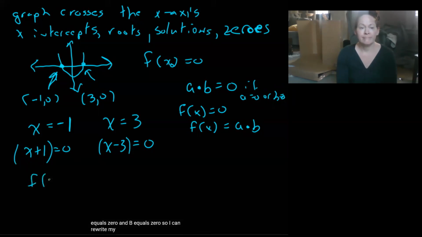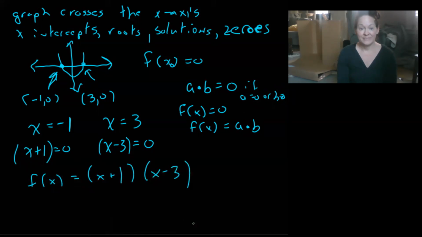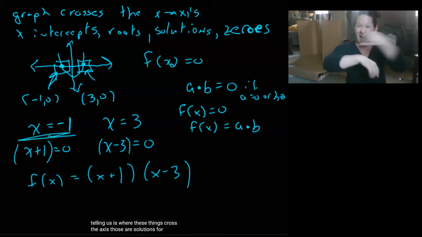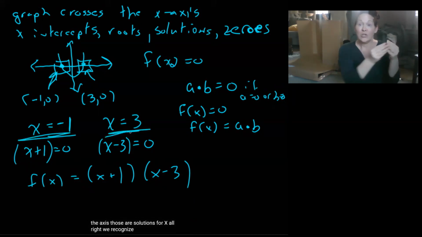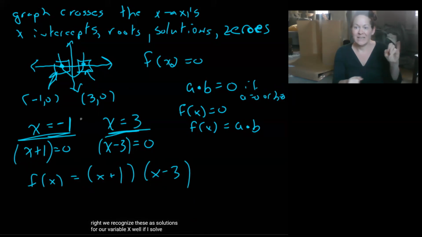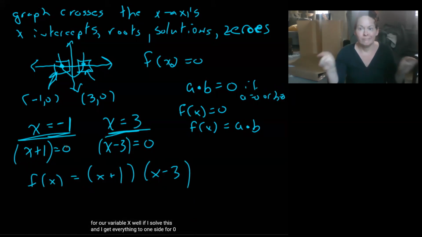So I can rewrite my function as these factors. That's what the remainder theorem is telling us: where these things cross the axis, those are solutions for x, right? We recognize these as solutions for our variable x. Well, if I solve this and I get everything to one side for 0, this part is the factor.